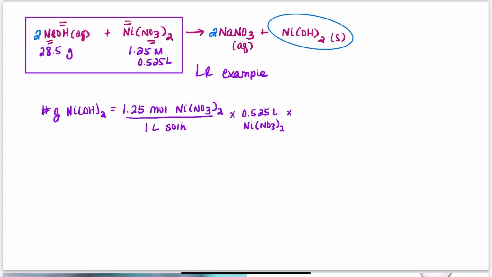If I stopped right now, this cancels out my liters of nickel 2 nitrate solution, and I would be in moles of nickel 2 nitrate. When I look at my balanced reaction, I see that 1 mole of nickel hydroxide is produced for every 1 mole of nickel 2 nitrate consumed.